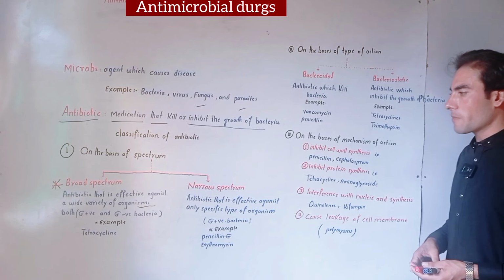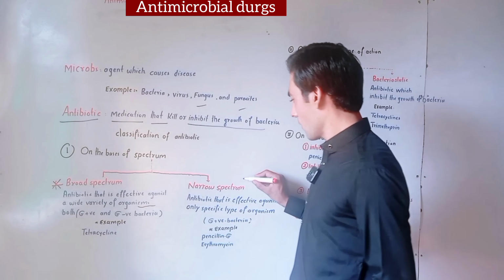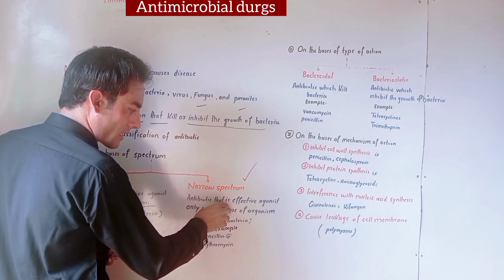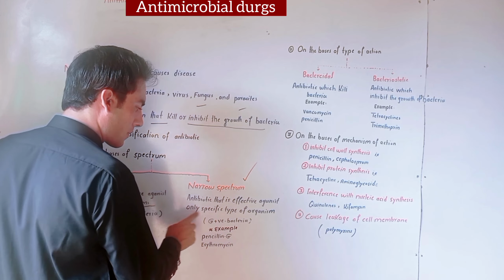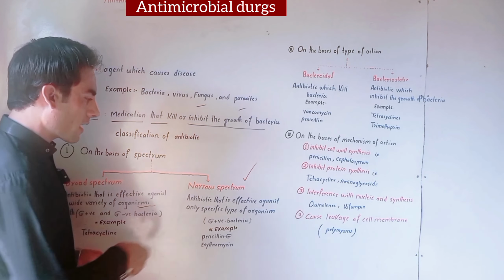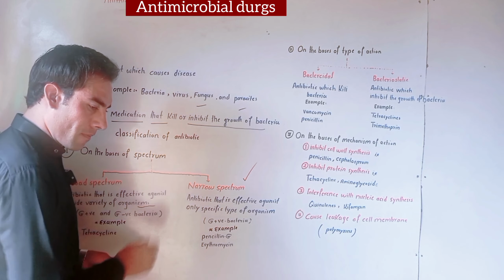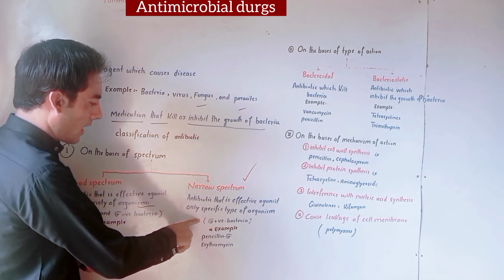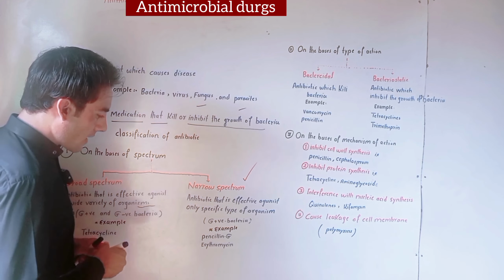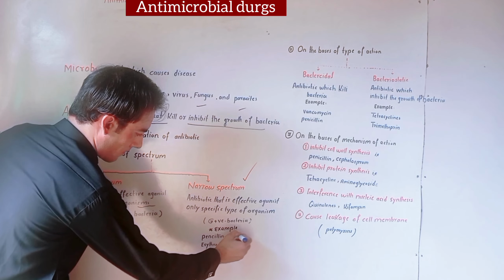Now let's come to narrow spectrum antibiotics. An antibiotic that is effective against only specific types of organisms. Meaning those antibiotics which are effective against specific types of bacteria, especially gram-positive bacteria. For example, penicillin and erythromycin.